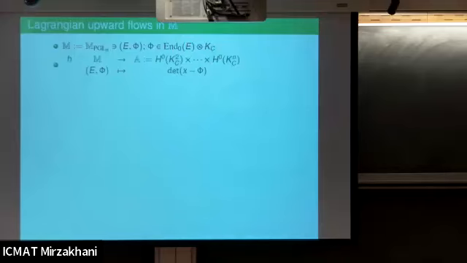Okay, so the Lagrangian upward flows in the moduli space of Higgs bundles. So from now on, I will be a bit more specific. We will take PGL_N Higgs bundles, which is given by a rank N vector bundle, modulo tensoring by a line bundle, and a trace-free Higgs field with values in the canonical bundle.